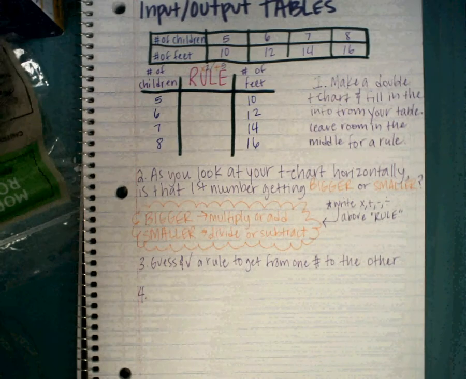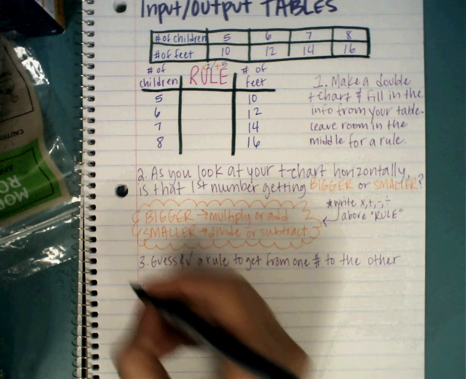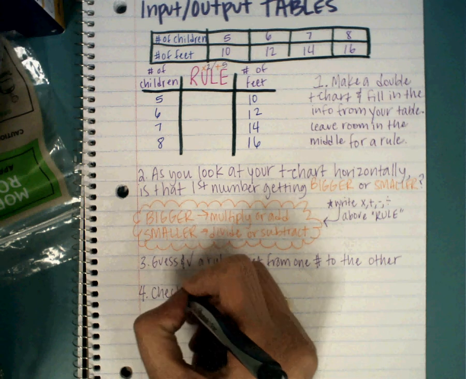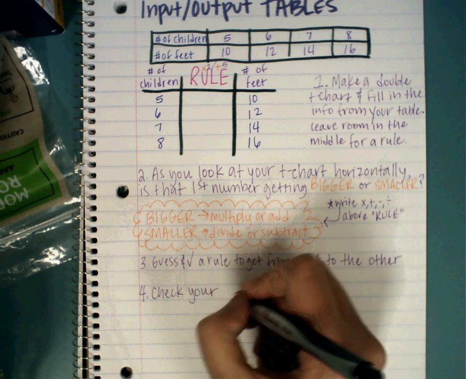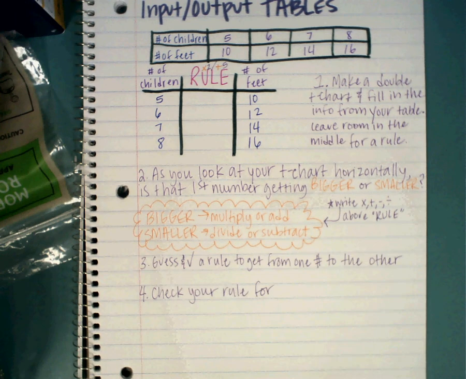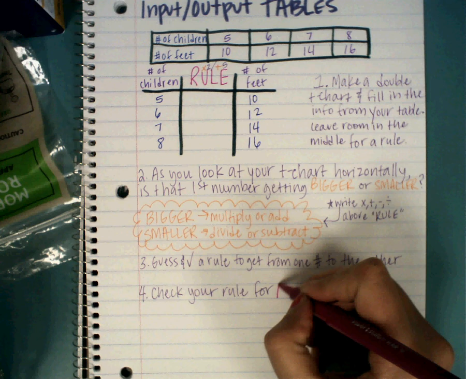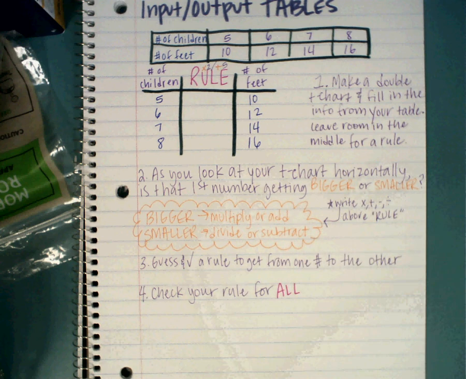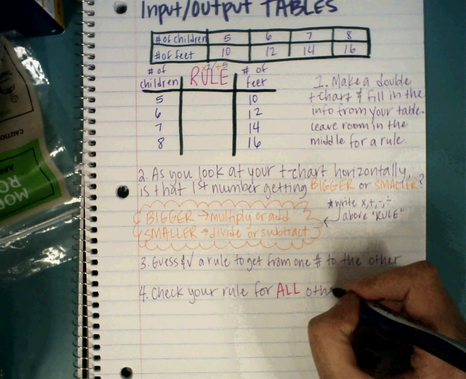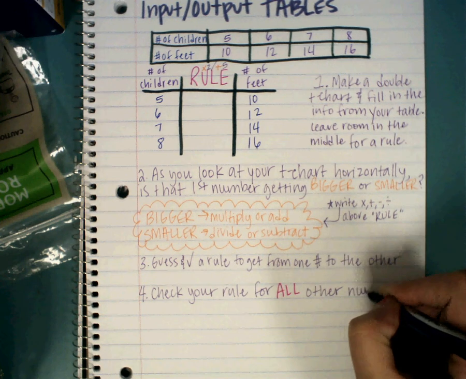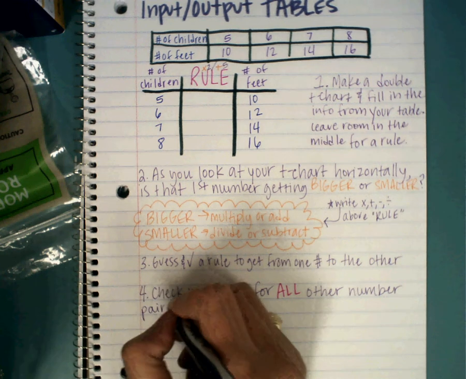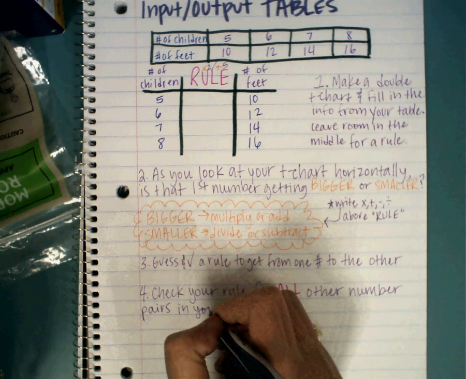You're going to check your rule for all the other number pairs in your T-chart.